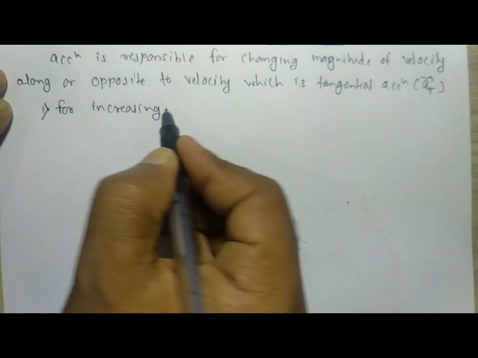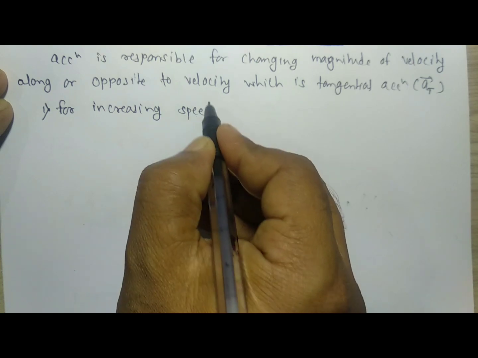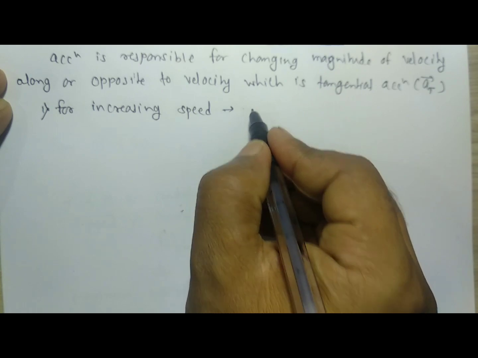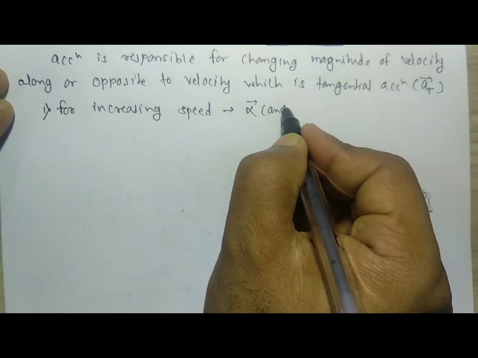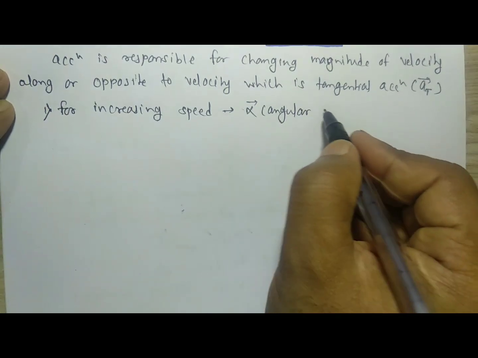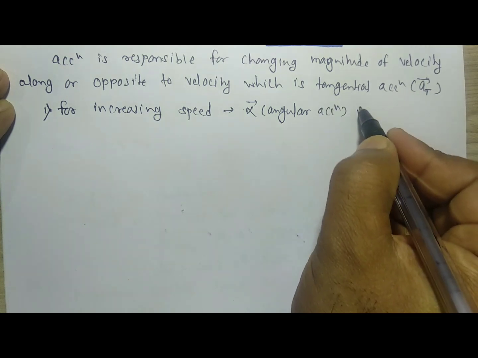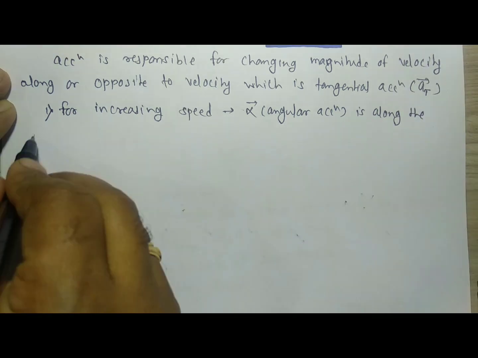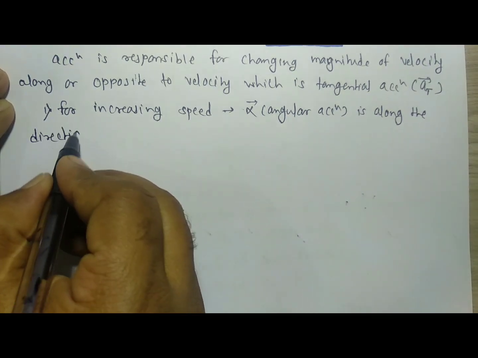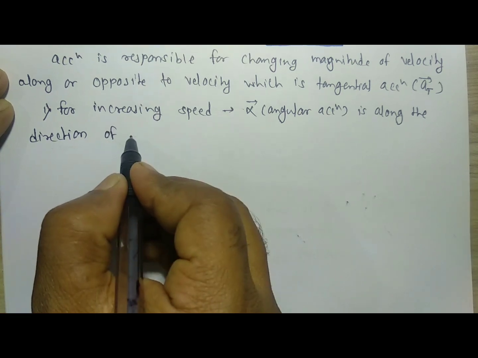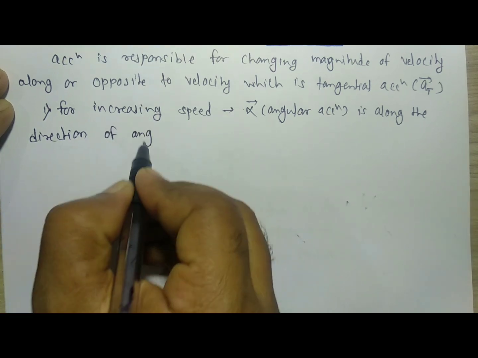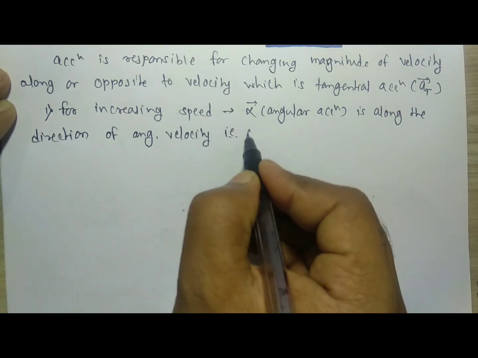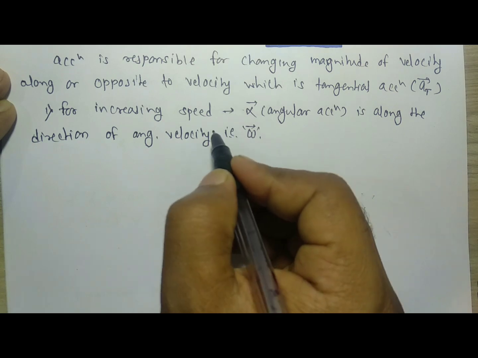For increasing speed, alpha, that is angular acceleration, is along the direction of angular velocity, that is omega bar.